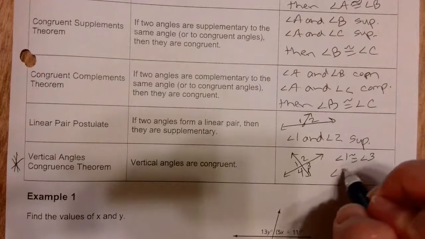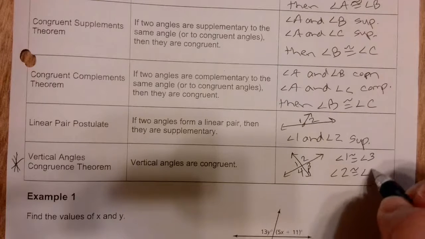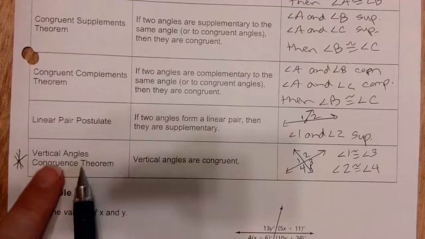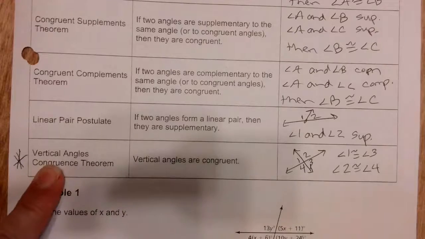Guaranteed. Always going to happen. Angle 2 is congruent to angle 4. Guaranteed, because they are vertical angles, and the vertical angle congruence theorem says vertical angles are congruent. This one is used a lot. Memorize that one right now.